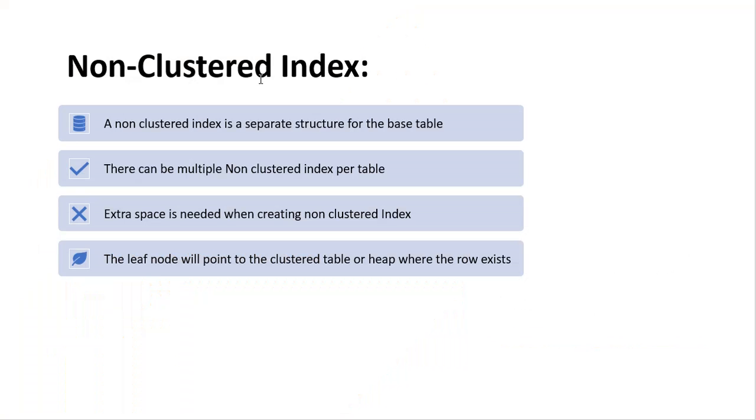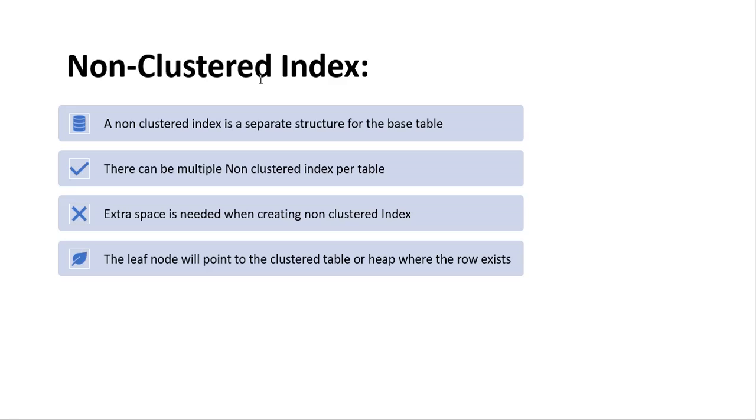Technically, these are the points that you have to understand when it comes to non-clustered indexes. If you create a non-clustered index, it will create a separate structure from the base table. It won't affect anything on the main table. That is the first point.